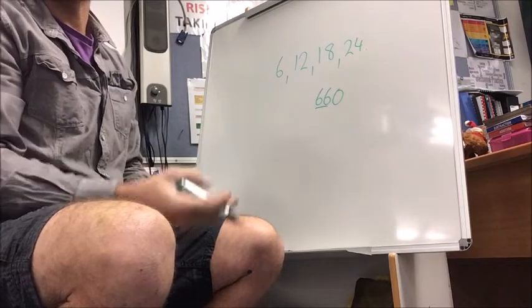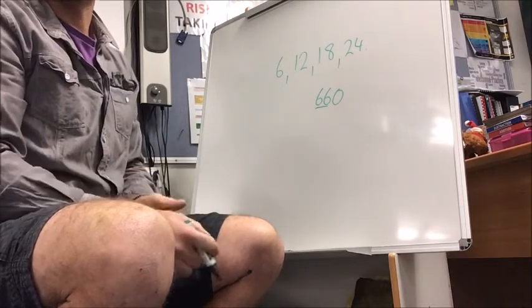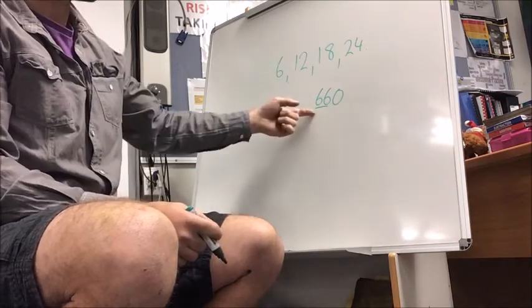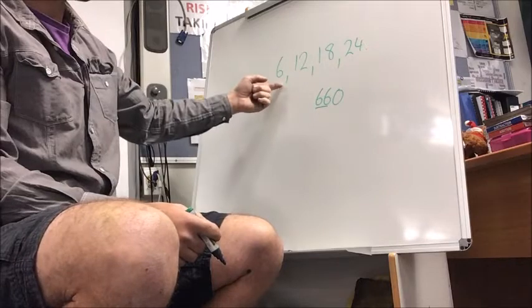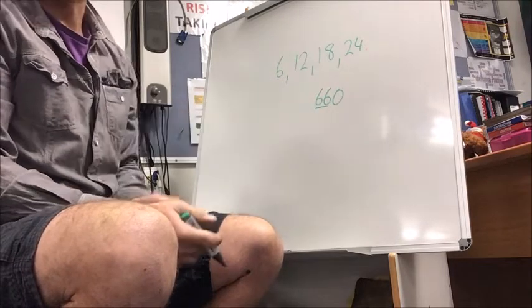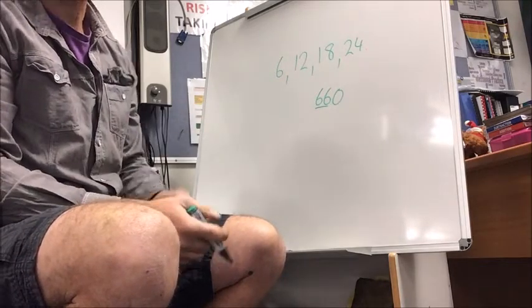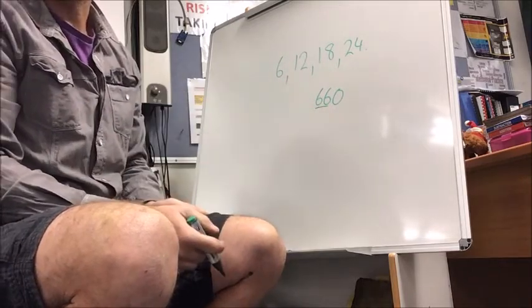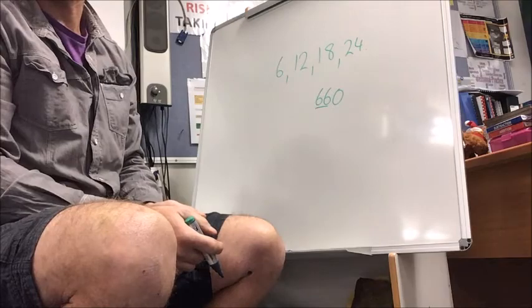Now, is 66 in the 6 times tables that I know of? Yes, it is. So that means if 66 is in the 6 times table, that means 660 must be as well. Okay, so then we will go, yes, 660 is a multiple of 6.